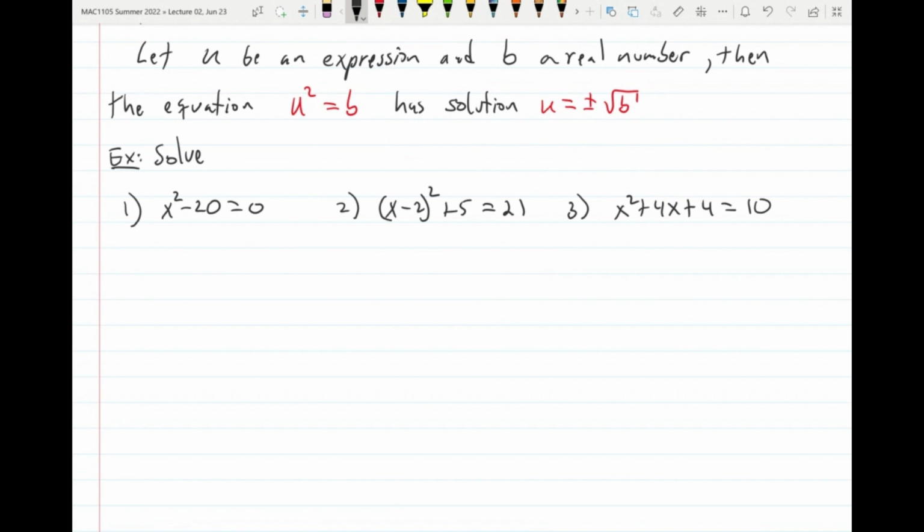Okay, so the moral of the story is that if you want to use the square root method, you have to make sure that you rearrange your equation in such a way that on one side of the equation you have a quantity squared, and on the other side you have a number. Okay? Once you manage to do this, then you take square roots. And remember the plus or minus.